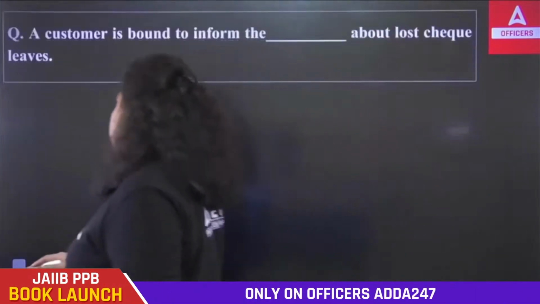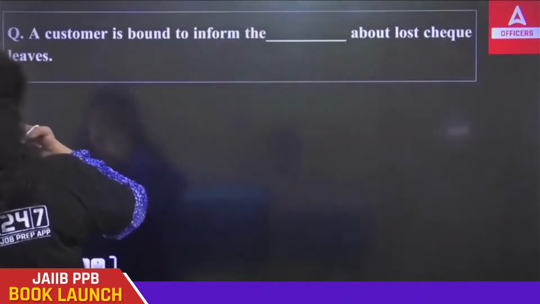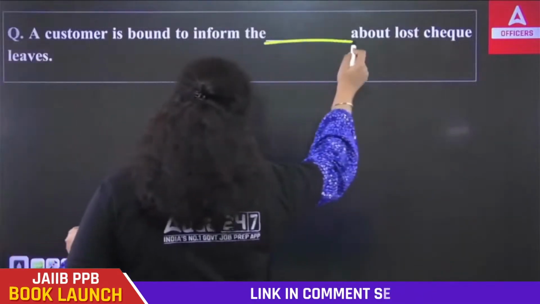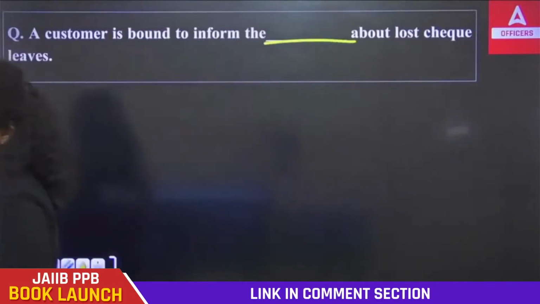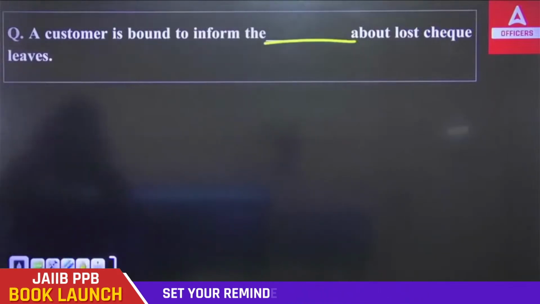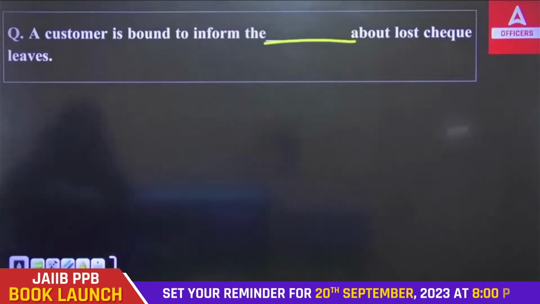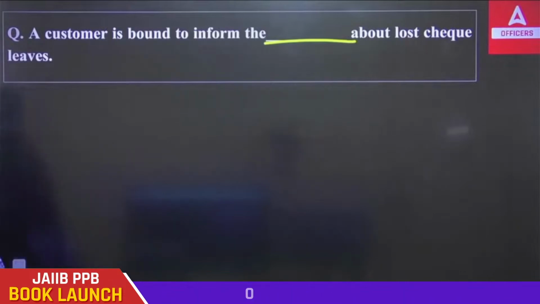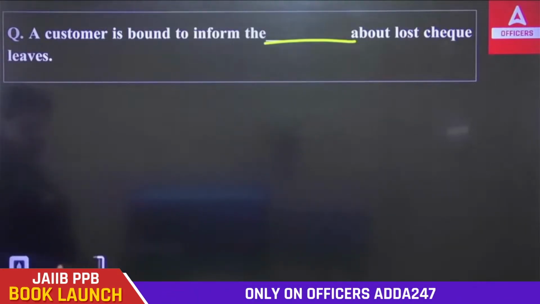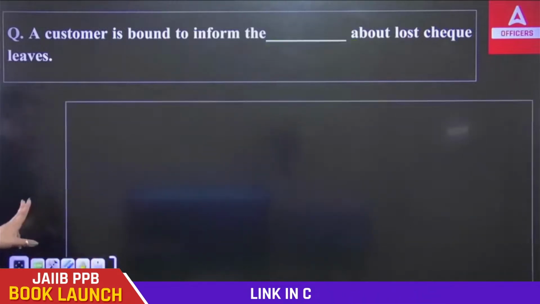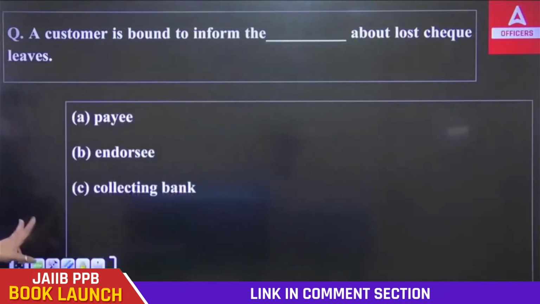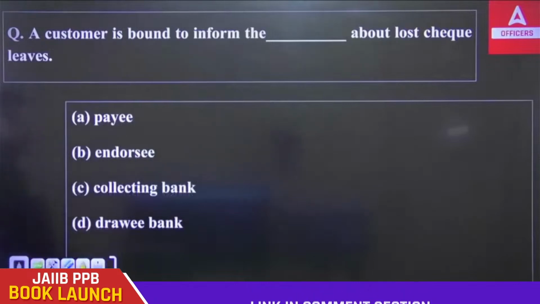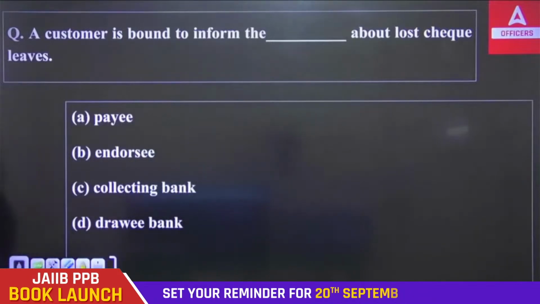Now the second question is talking about a customer is bound to inform the dash about the lost check leaves. Let's say, for example, from your checkbook, 1 or 2 check leaves, or let's say more check leaves are missing. In that situation, it is the responsibility of the customer to inform the bank. To which bank? To the payee, to the endorsee, to the collecting bank, or to the drawee bank?